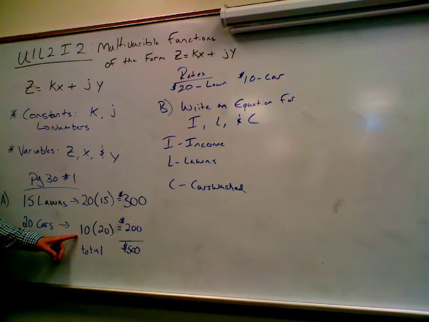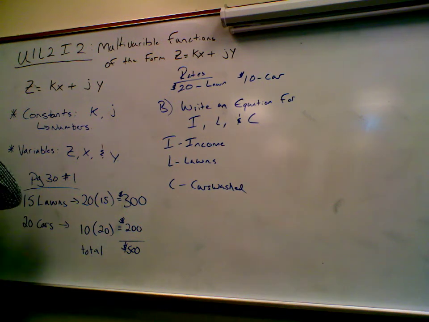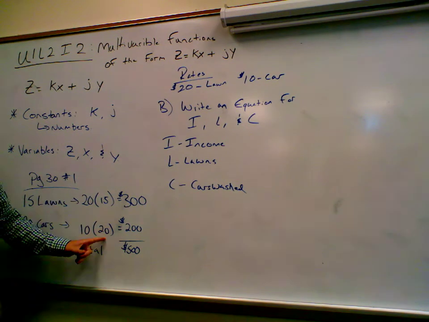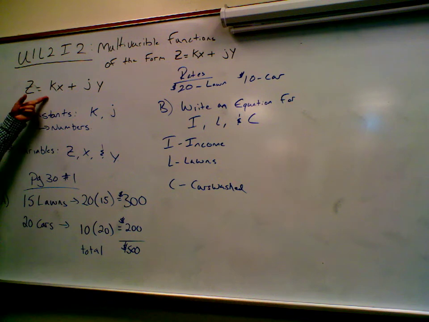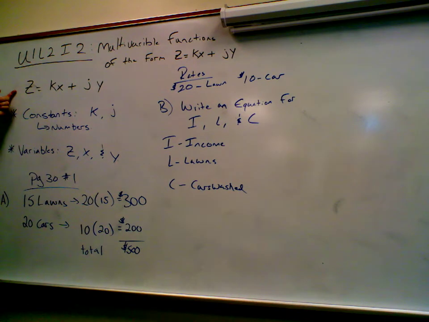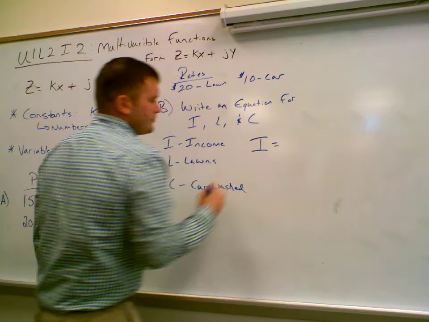Multiply 10 and 20 because 10 was the constant and 20 is the number of cars. And then what do we do with those to get our answer? We multiply, and then we add them together. So we kind of did this, didn't we? Now which one over here is my Z? I, the income. So I is in the same spot as the Z.